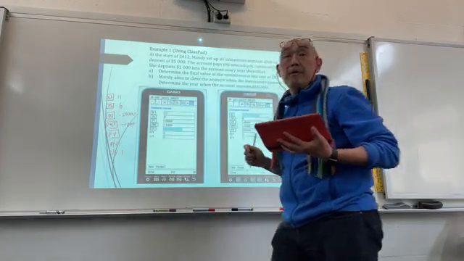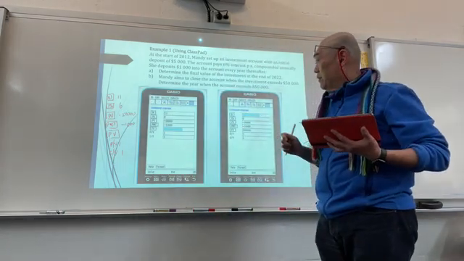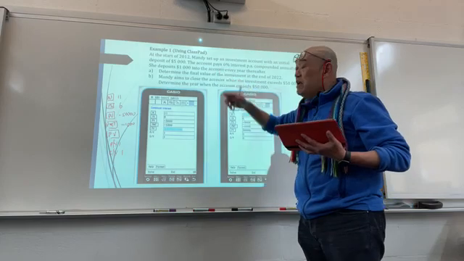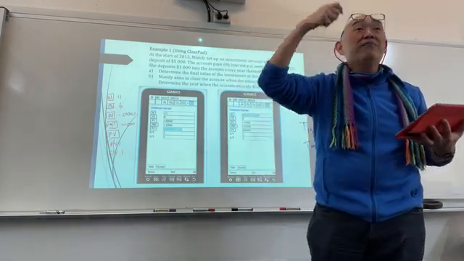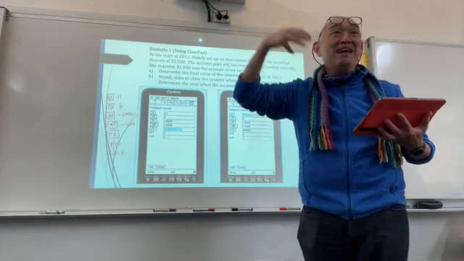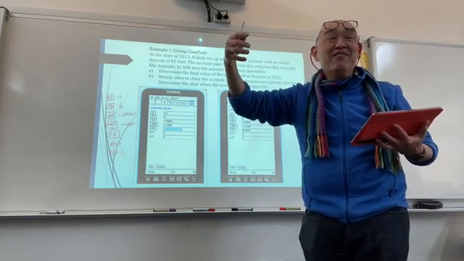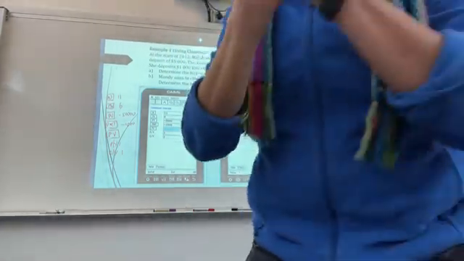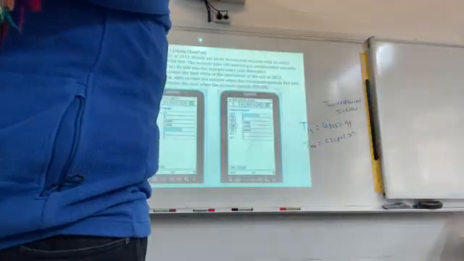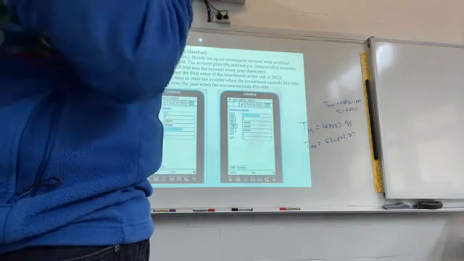Yep? Sorry, why do you do negative 1,000? Negative 1,000, again, you're depositing it, it's from your pocket, you're putting it in the bank. So think about it, it's not yours anymore. The bank is taking your money. The reason you're using negative is that when you put it in the bank, it's not yours.